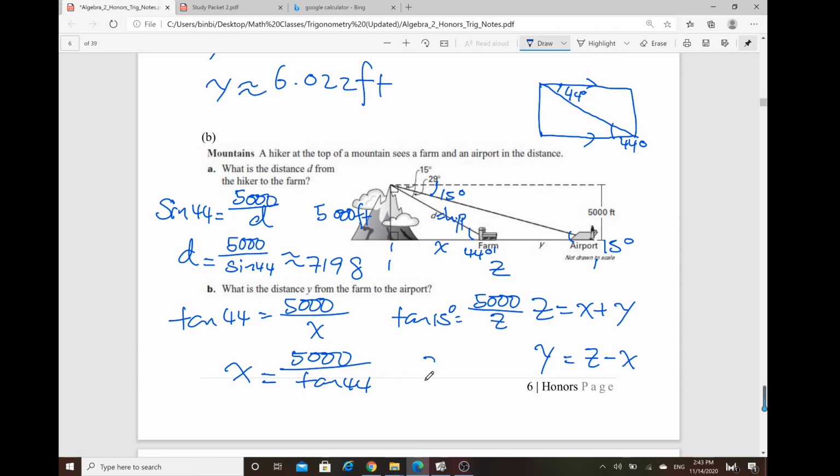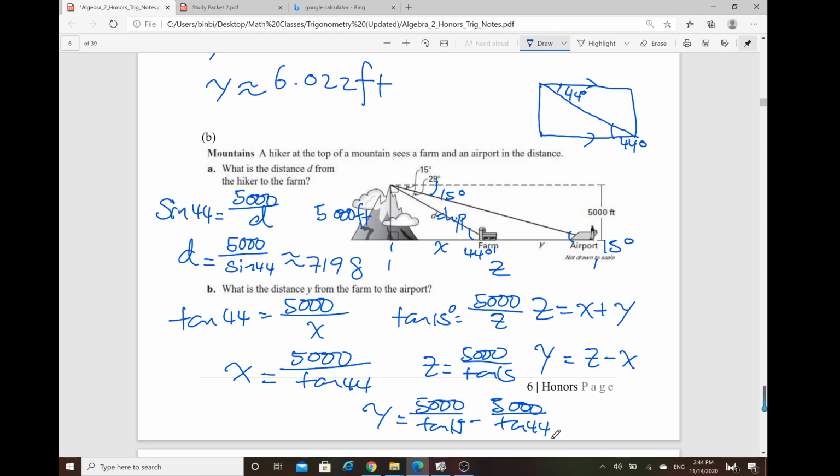So z equals 5,000 divided by tangent of 15. Obviously this one is going to be a bigger number because z is the longer distance, and you can tell the denominator is a smaller ratio, so you end up with a bigger number here. So eventually y equals 5,000 divided by tangent of 15 minus 5,000 divided by tangent of 44.